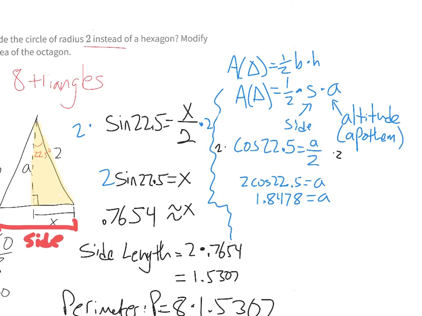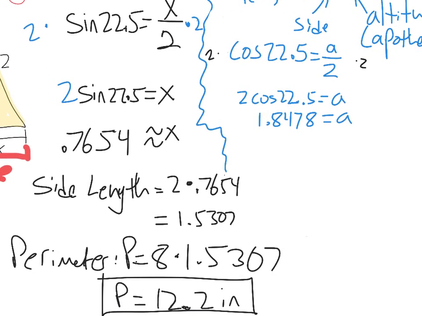Well, now if we want to find the area, we have 1/2 times the side times the altitude, or the apothem. Well, we know the side, right? We found the side length right here. So there's our side length. Okay, so we have our area of the triangle.